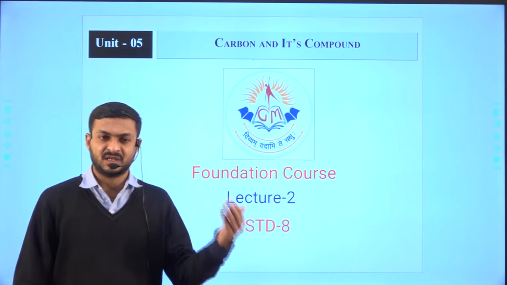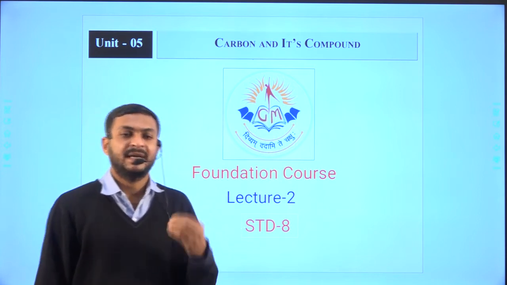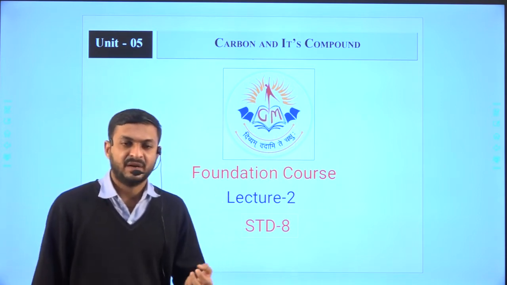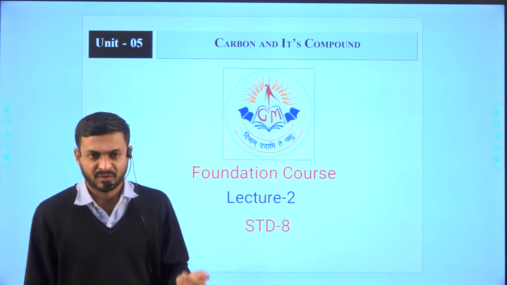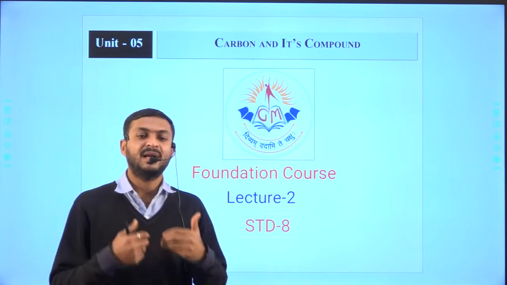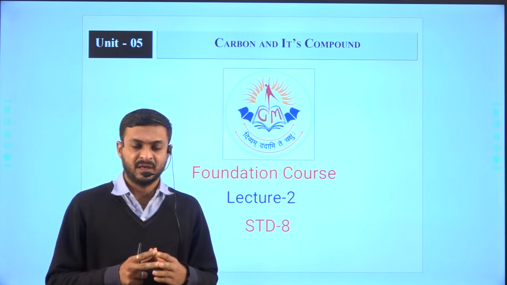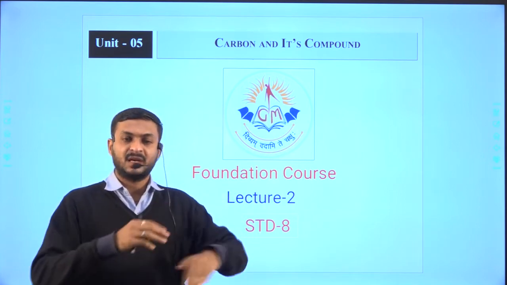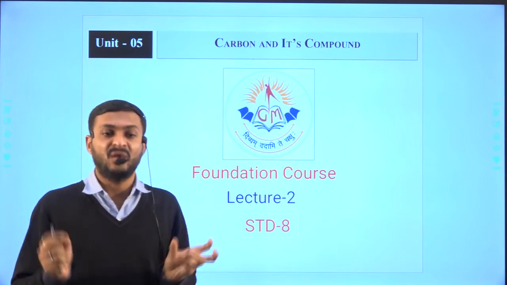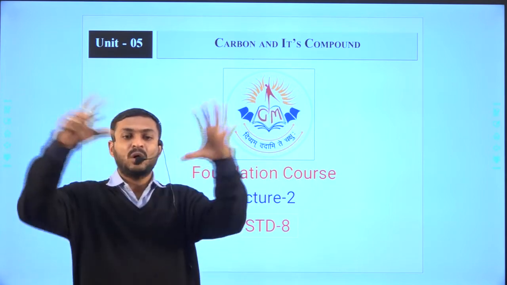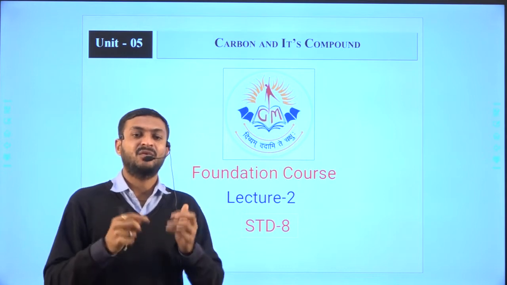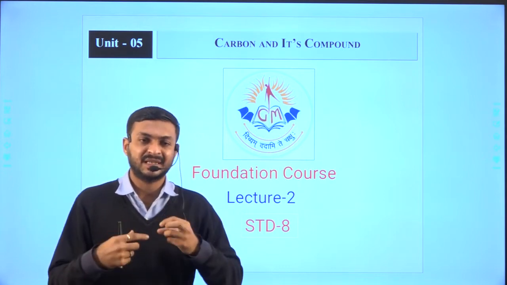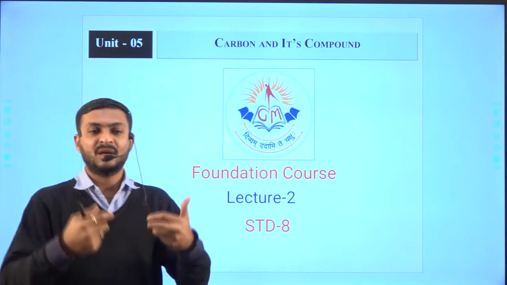Diamond has a tetrahedral shape, where one carbon is attached to four other carbons. In the case of graphite, we discussed that it has a layer structure. But fullerene has a ball-type structure, like a football.